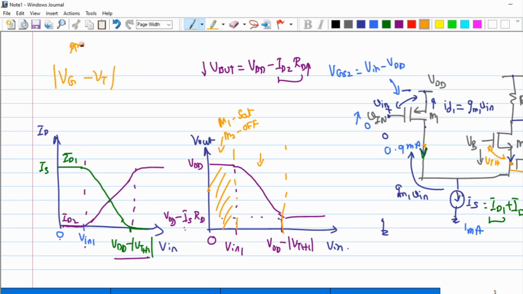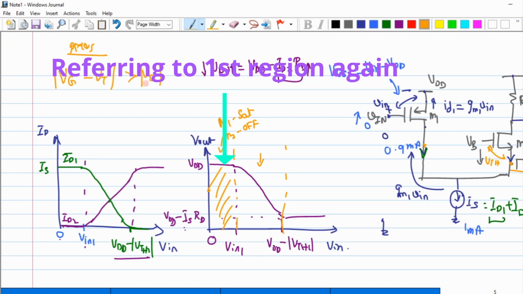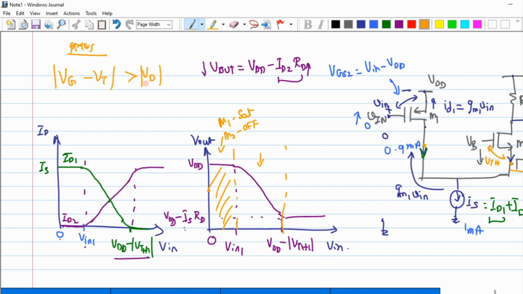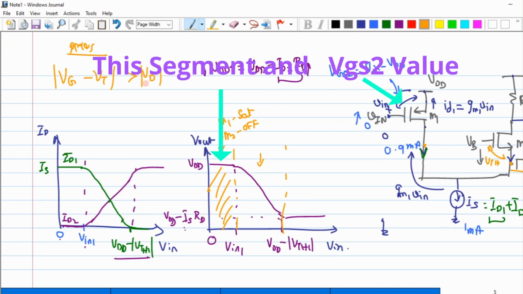For a PMOS device, if I want to be in saturation regime, I have to make sure that something like this, right? Have I really satisfied this condition under this region, such that I can say that my transistor M1 is in saturation? Think. In this segment, what is my VGS2 value? VDD, which is the highest potential that I have in my system.